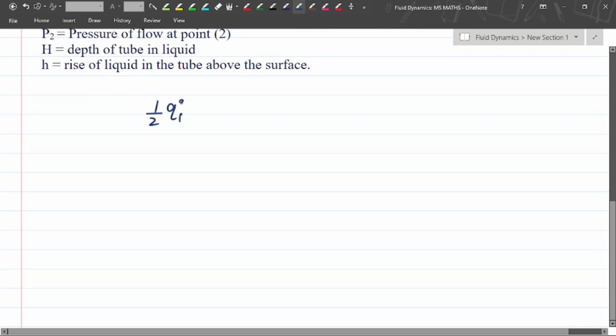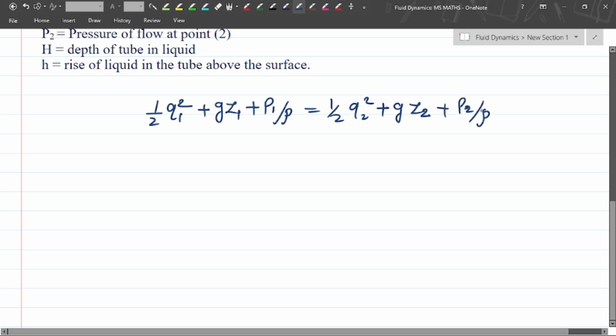Bernoulli's equation is 1 by 2 q1 square plus g z1 plus p1 upon rho, where rho is the density, equals 1 by 2 q2 square plus g z2 plus p2 upon rho. Here z1 and z2 are the heights from the reference line of the Pitot tube.